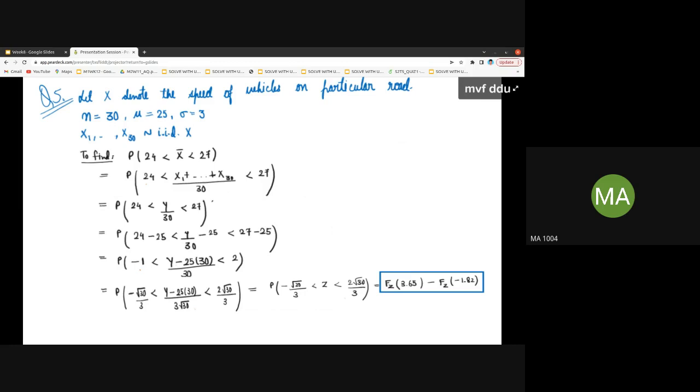You have to do this for 24 as well as 27. So the probability that 24 minus expected value of x bar divided by standard deviation of x bar is less than the standard normal z, which is less than 27 minus expected value of x bar divided by standard deviation of x bar. If you do so, you will get the answer.